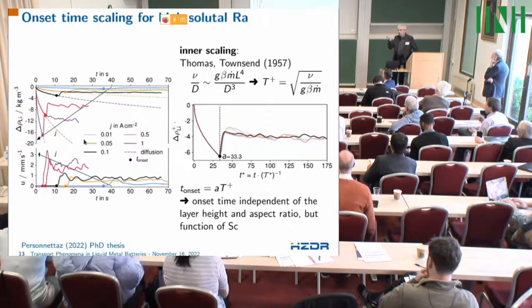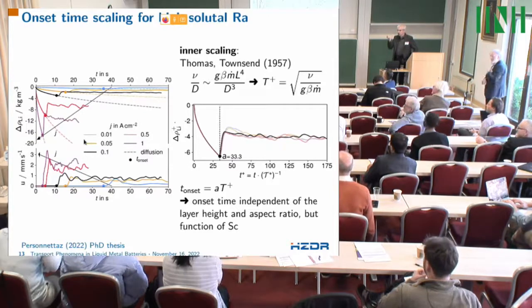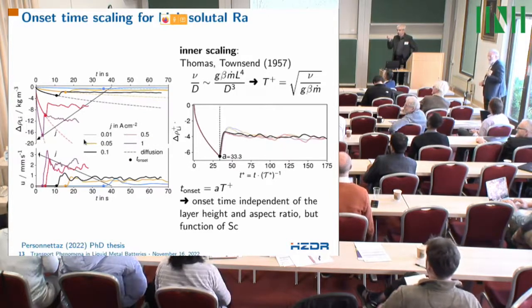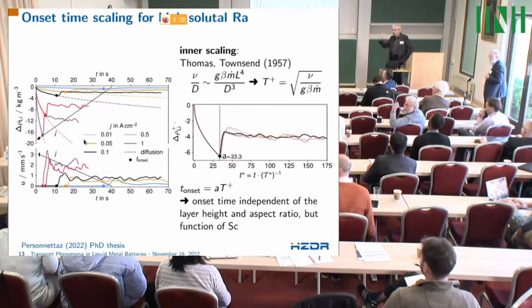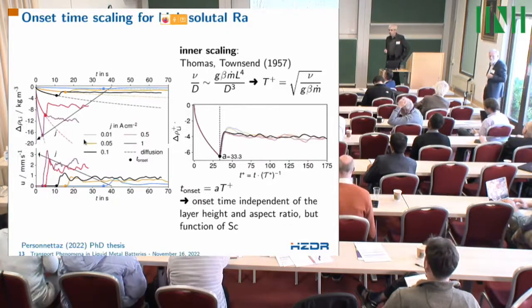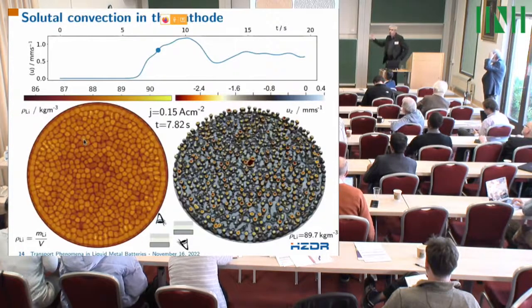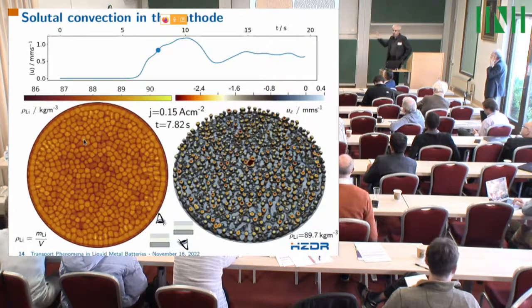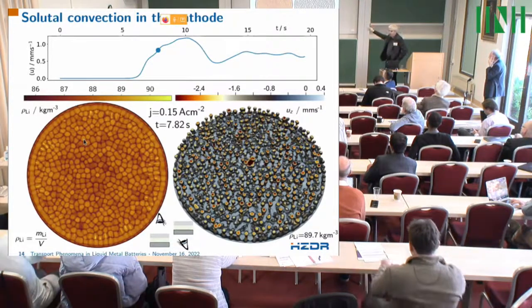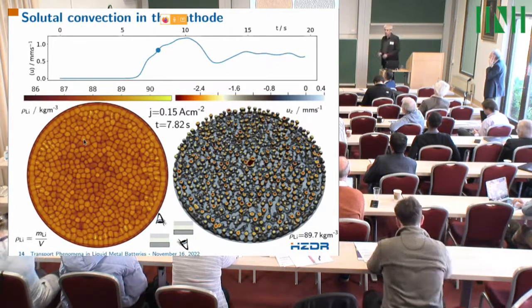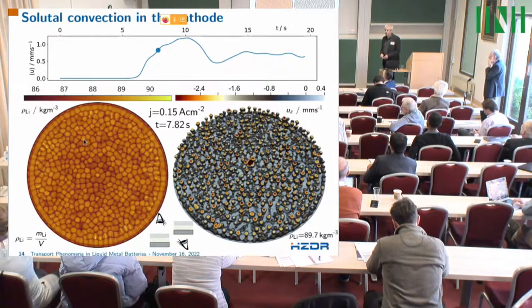So out of the linear instability of these things, it's the most amplified wavelength that determines the size of the plumes, of the initial plumes. But these initial plumes vanish very, very fast when they hit the bottom, and then large-scale solutal flow sets in. Thanks.